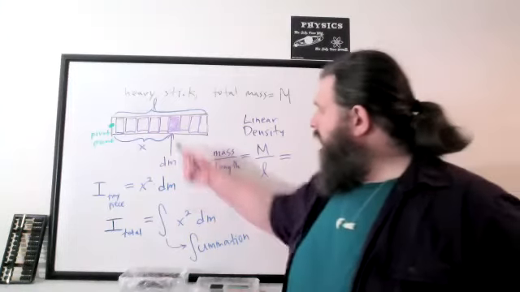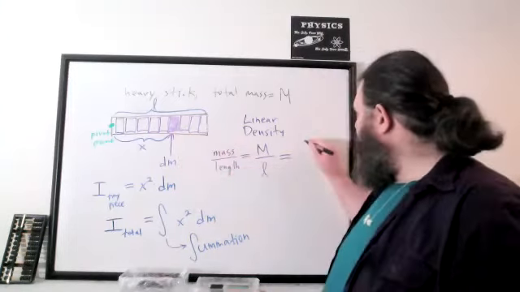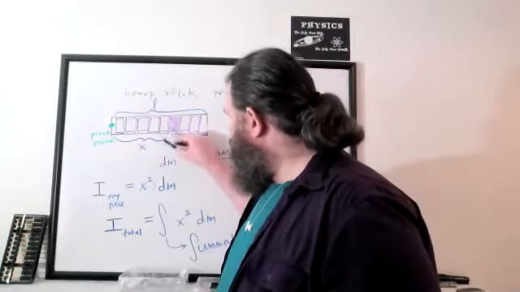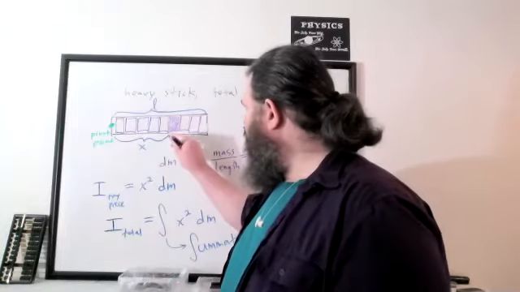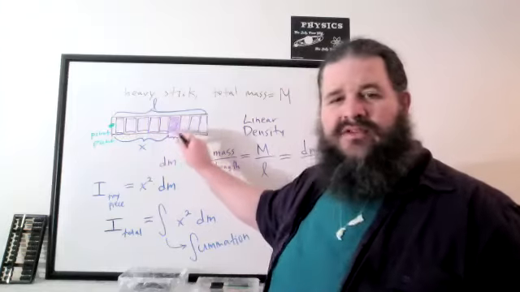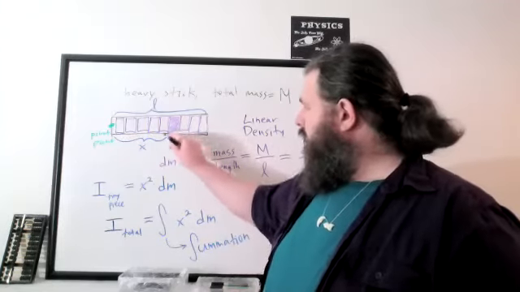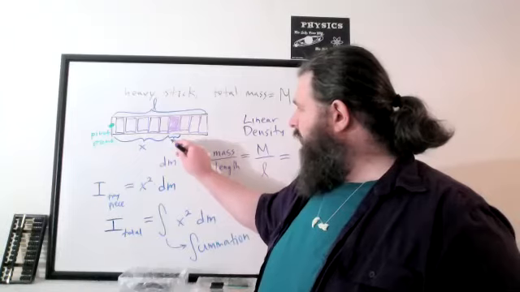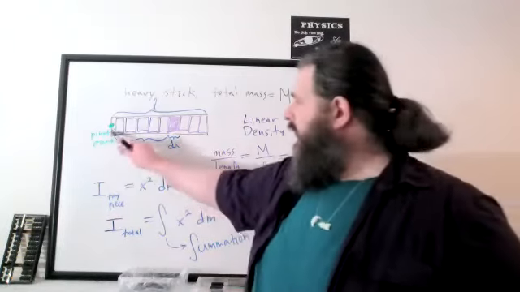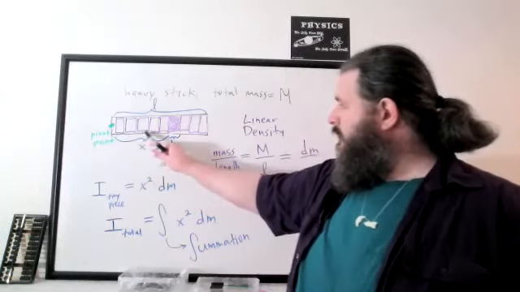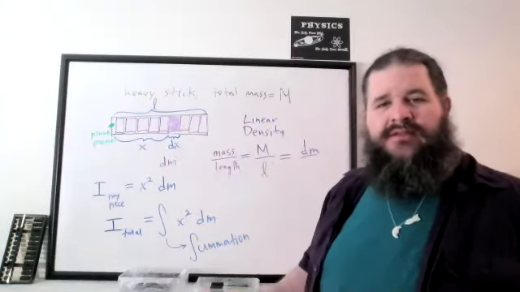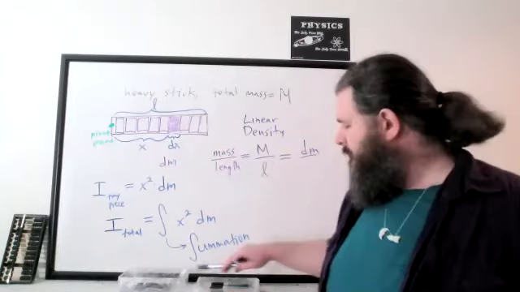So if we take a look at this tiny piece, it has mass dm, and its length would be a tiny increase in x. If x is the distance from the pivot point out along the stick to the location of interest, dx is a tiny bit of extra length, such as in this case, the length of that tiny piece.